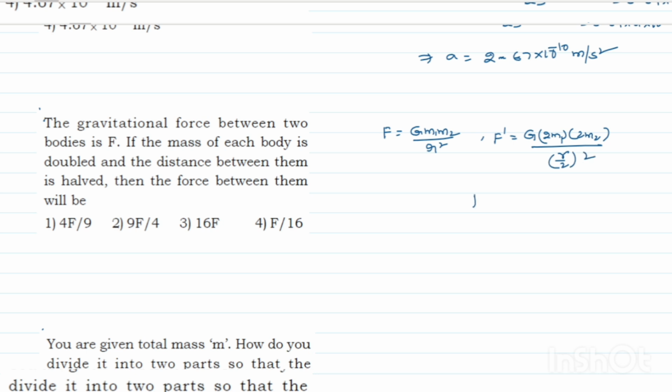Then F dash will be equal to 2 2s are 4, and in the denominator we get r square by 4, so 4 into 4 gives 16 times G m1 m2 by r square. That means the F dash value will be 16 times the force value. F dash equals 16 times F. So this is the correct answer.